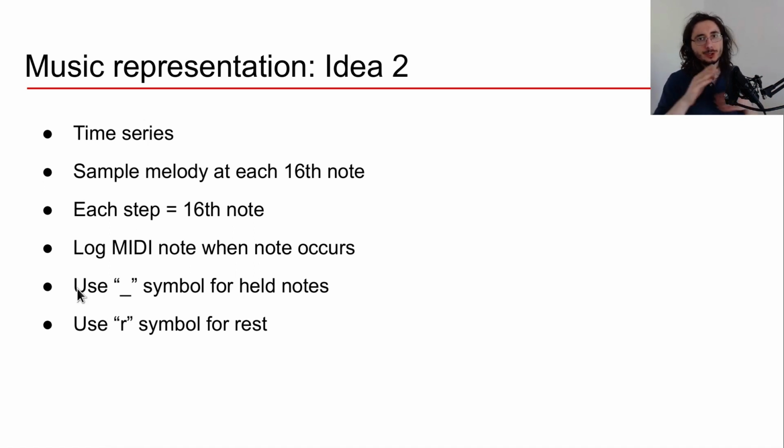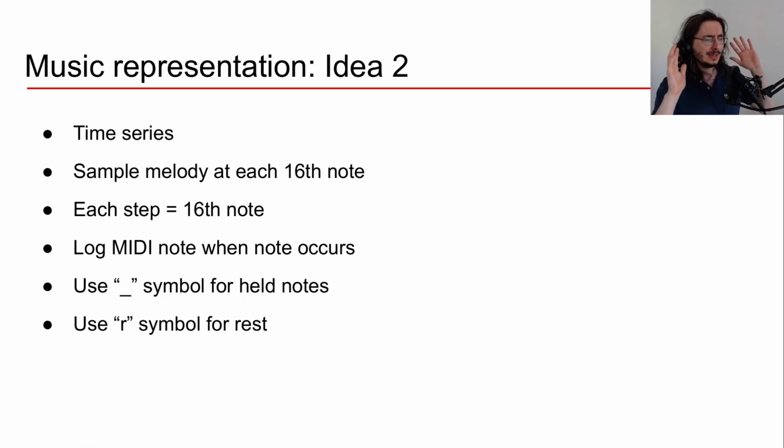And then if the note is held longer than a 16th note, we're going to use this underscore symbol just to signal that we are tying that note into the next time step. And then we are using R as the symbol for a rest.